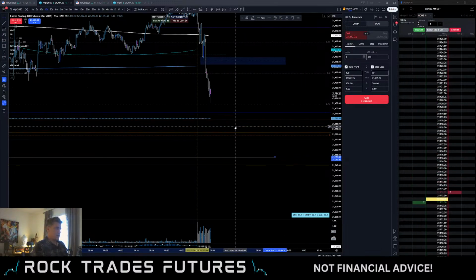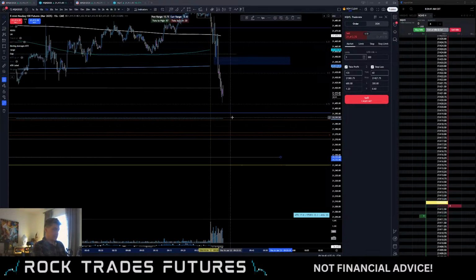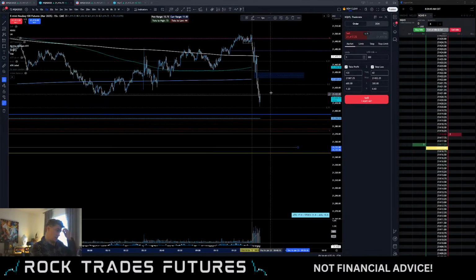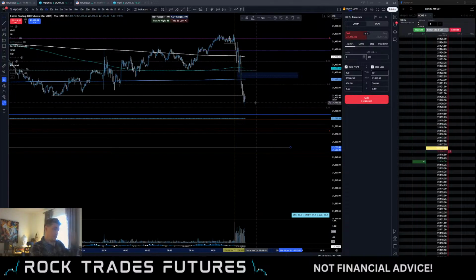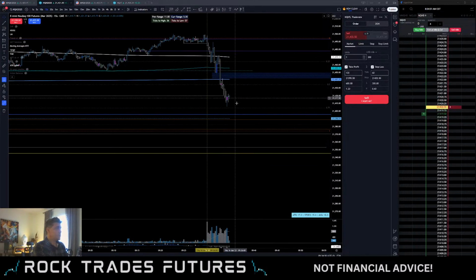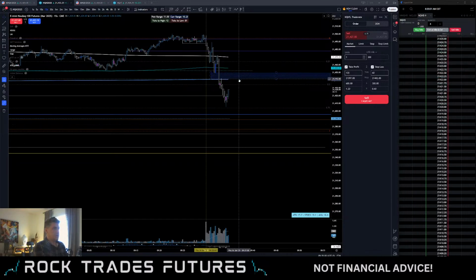So there's a lot of areas to play a bounce from here. Turnaround Thursday is already looking like it could be a thing. We do have a pretty clean long trigger here, right at the sweep of this liquidity. Break, retest of the 200, and the first test of the open initial imbalance.